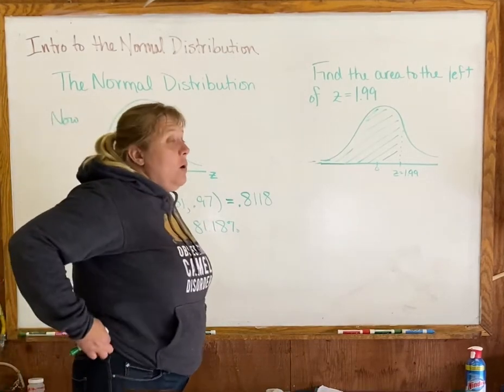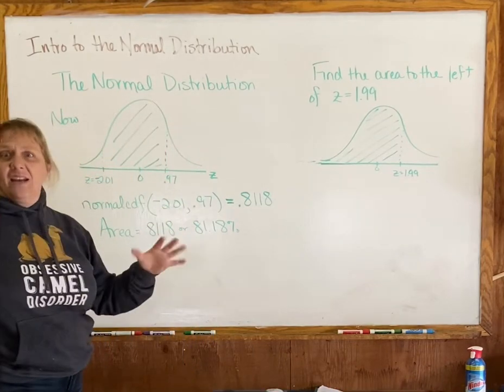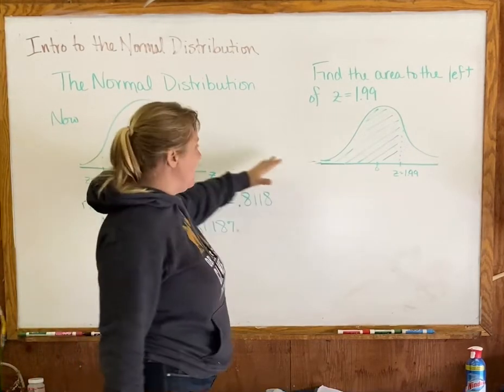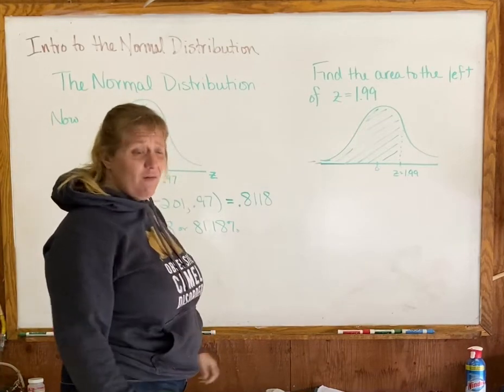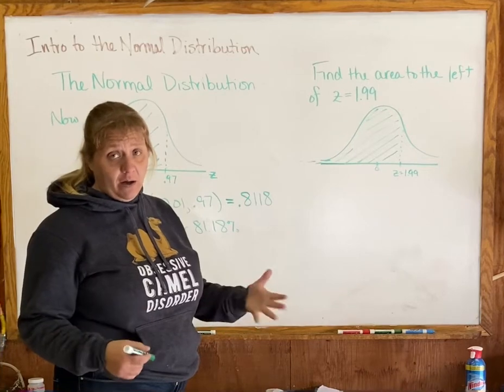So remember that our z-scores are always kind of between about -3 to +3. So what we want to do is consider what would be way out there. Obviously that would be going towards negative infinity, but we can't plug negative infinity into our calculator.